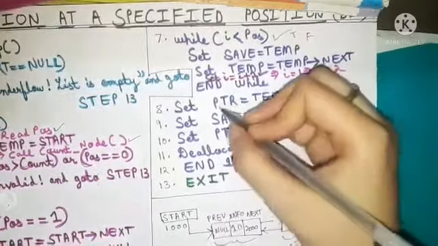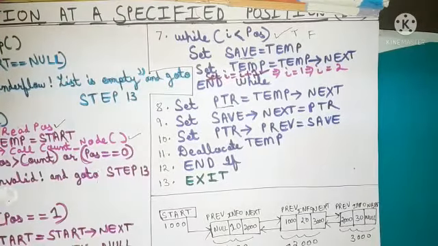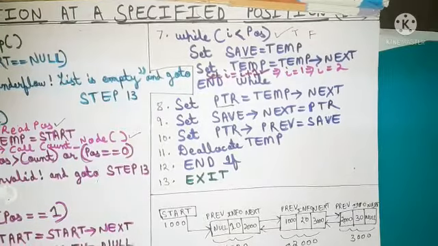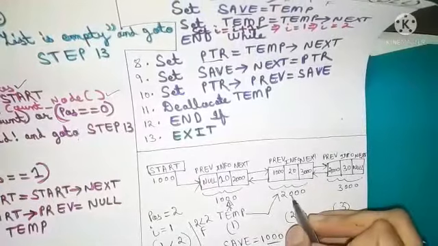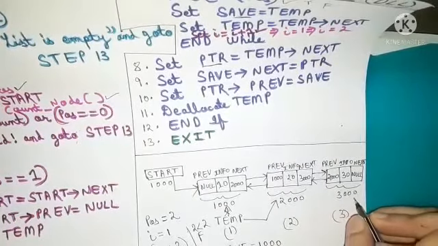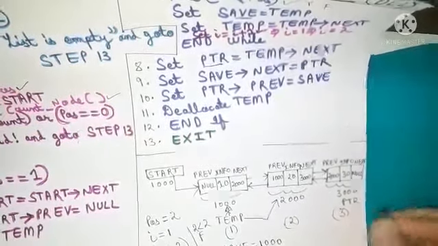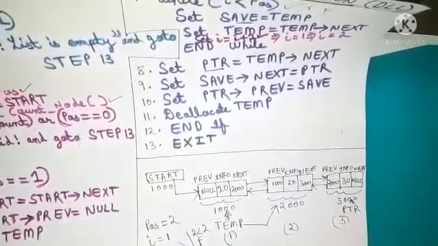Then we will take another pointer so that there will be no confusion. We will set pointer ptr is equal to temp next. Now see, at present temp is at 2000 and temp next is at 3000. So we will set the pointer ptr at 3000.